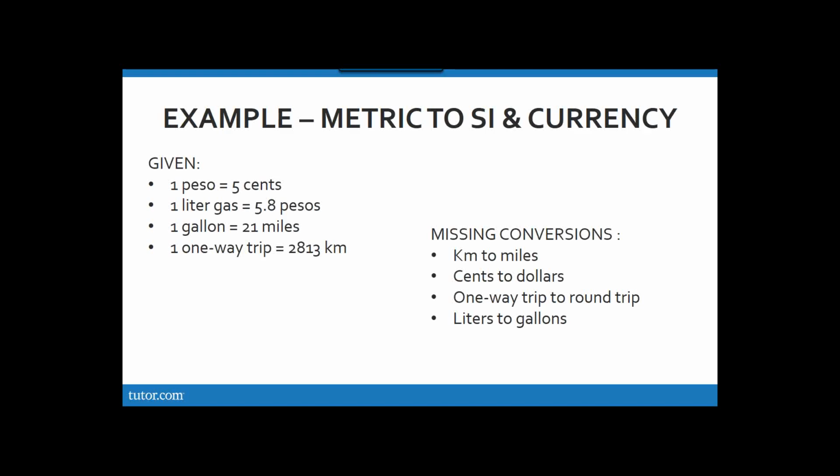So if we wanted to solve these in a different way, we would need to set up pairwise proportions. If I say it this way it doesn't make sense, so I'll explain again. For example, we might say 1 peso over 5 cents equals 100 cents over X dollars, and then cross multiply to find the dollars.